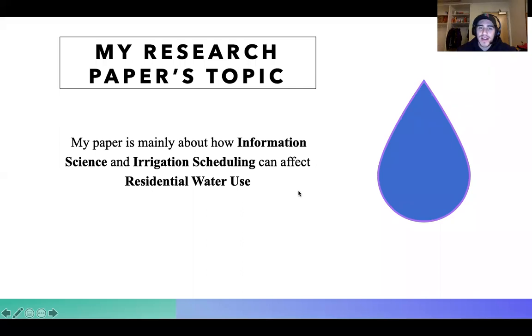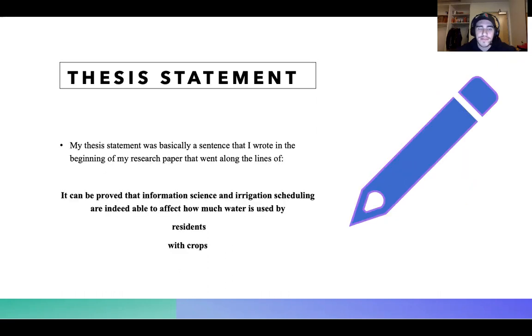My research topic for my paper was mainly about how information science and arts, the major that I currently have at the University of Arizona, connects to irrigation scheduling and how those two things are able to affect residential water use. So that really connects to my thesis statement, of course, right?